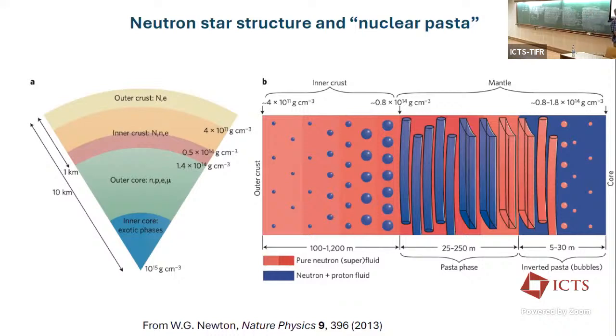And eventually, you become completely dominated by this neutron-proton fluid. The reason I wanted to highlight this is something I'll be getting back to later on in the week, where what's happening here may affect potentials for gravitational wave emission. And it also affects possibly, in fact, one of the points of this article was that this may be affecting the magnetic fields that tend to die off sooner than you might otherwise expect in older neutron stars.